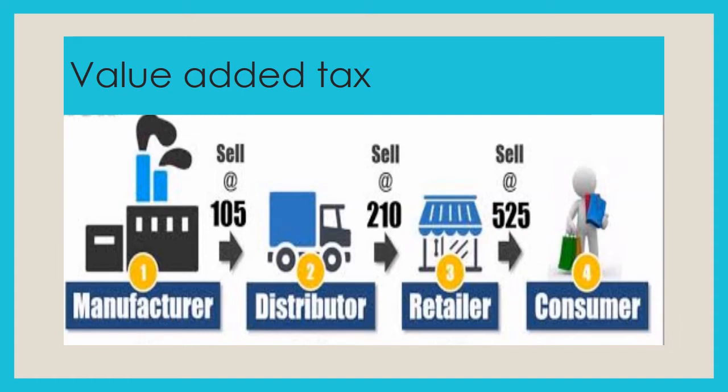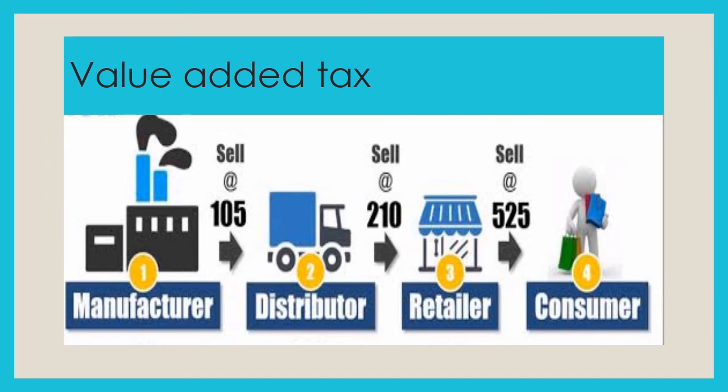Value added or ad valorem tax. We see here the goods are produced in the house of the manufacturer, which are sold to the distributor. A value is added by the manufacturer and the goods are sold to the distributor, and the value added is 105. The distributor buys the output from the manufacturer for 105 but adds value and increases the value of the output, which then becomes 210.